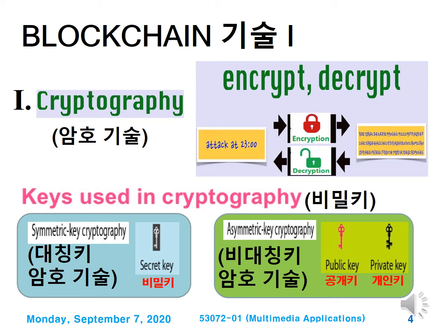If the public key is used to encrypt the plain text, then the decryption process, which changes ciphertext to plain text, must use the private key.